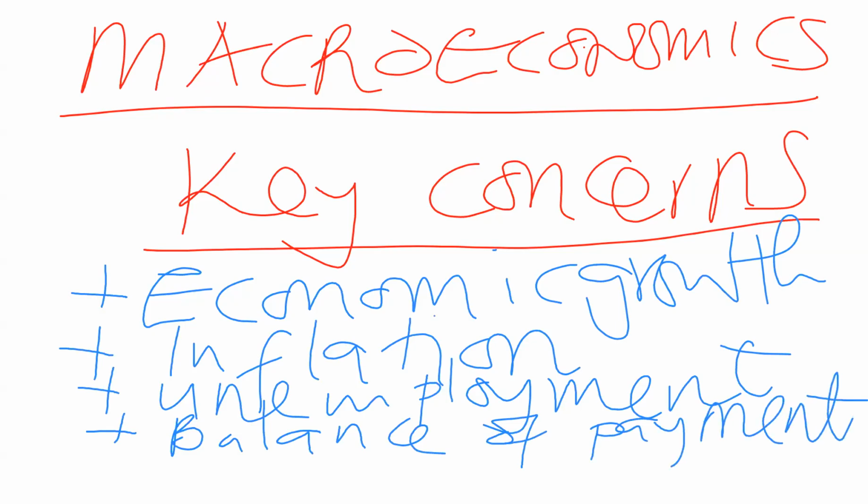These are the four key areas or domains that macroeconomics tries to look at. It gives us the understanding on economic growth, on inflation, on unemployment, and on balance of payments.